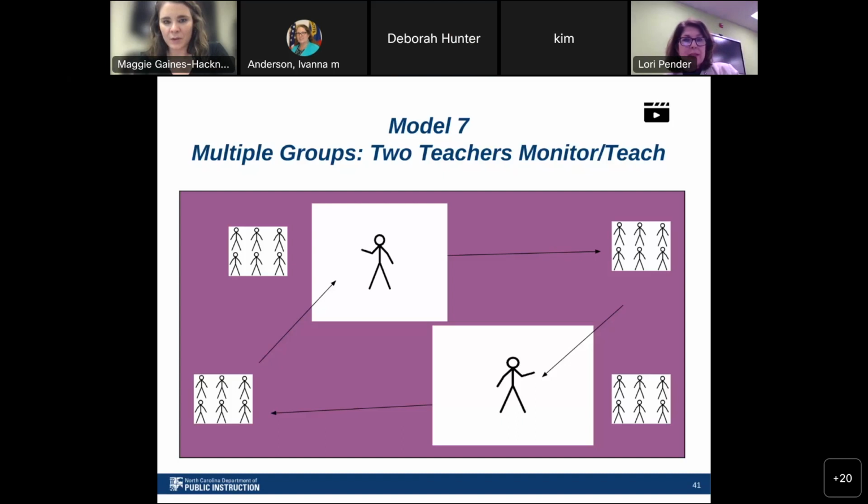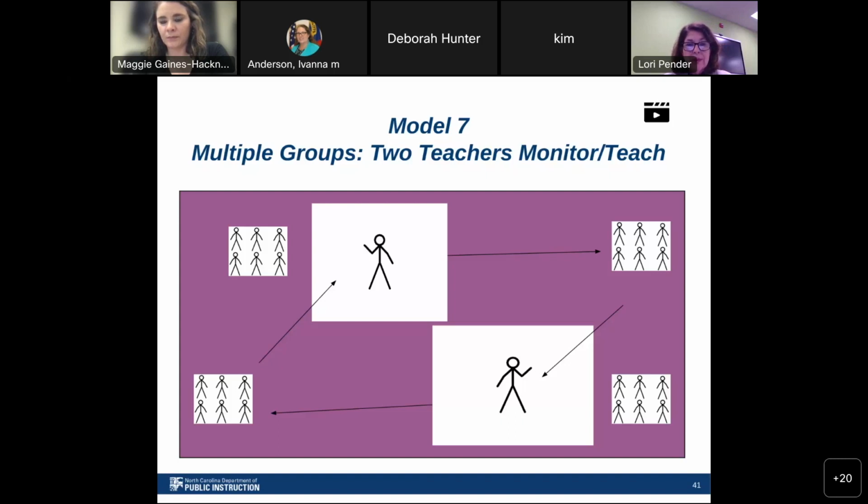All right, sounds great. So station teaching, and I was trying to get back in while you all were watching the video, but from what I can remember and from my experience, I really do like this model. It does take a lot of planning and preparation, of course, again, and sometimes it can be more than two teachers. I have been in situations where the classroom teacher, an EC teacher, and an ESL teacher were all in a classroom working together in stations.